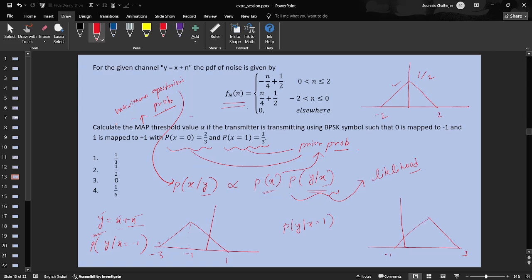And what is the condition for this MAP threshold value? The idea is that if p of x being -1 given y is greater than p of x being 1 given y, then your decision is going to be in favor of x as -1, otherwise you will decide x is 1.